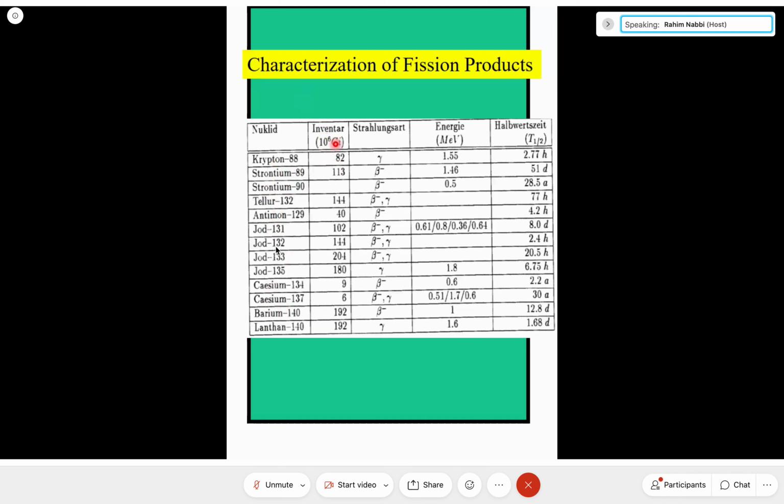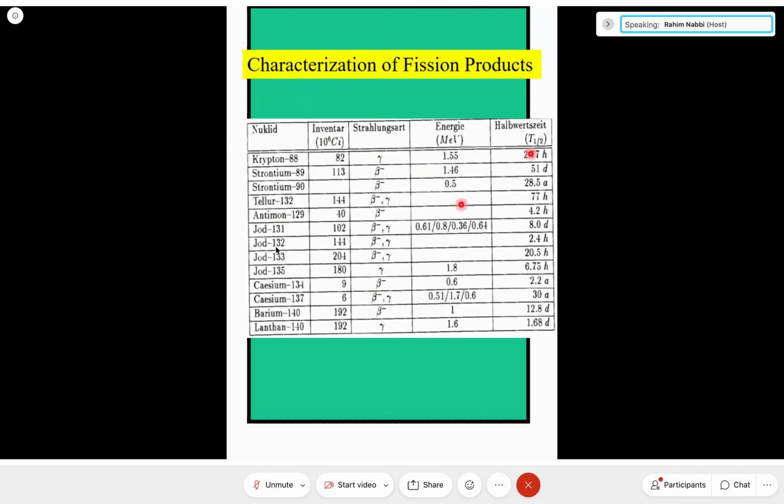The unit is an old one, Curie, but you can find here which one has the biggest activity among the fission products. The radiation type, you find mainly beta emitters in the case of fission products. But in the case of actinides, you saw more alpha, they are mainly alpha emitters. And here the energy of the individual photons or rays produced.